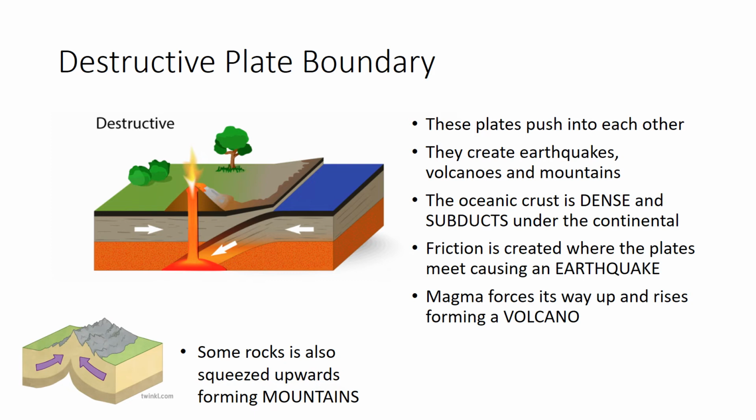But also where the 2 plates meet, it gets really hot, so the rock inside of those plates starts to melt, and it forces and pushes its way up through, forming a volcano. But also at the top on the surface, this rock is also being squeezed. So it squeezes upwards and forms our mountains.